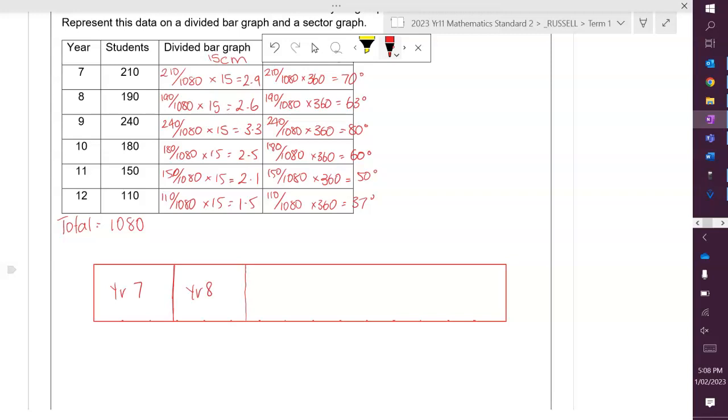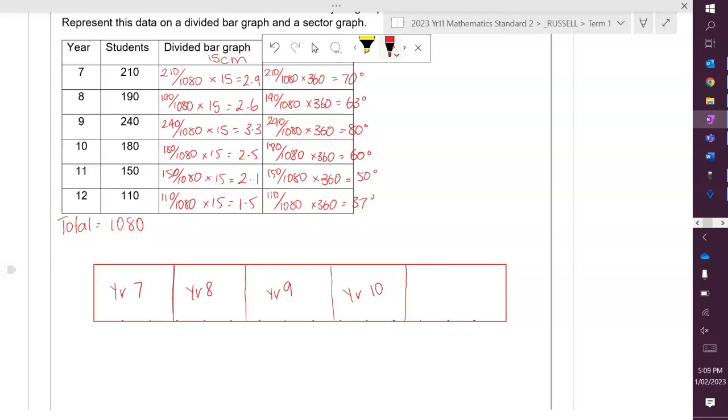Next is 3.3. So if I go to 3, I'm going 1, 2, 3. And then I need 0.3. So it's going to be 2 shy. So that's going to be year 9. Year 10 is 2.5, so if we go 1, 2, and then a half, so it's going to be just past. And if you've got a ruler, obviously you can do this a lot more accurately, and that's what you should be doing.